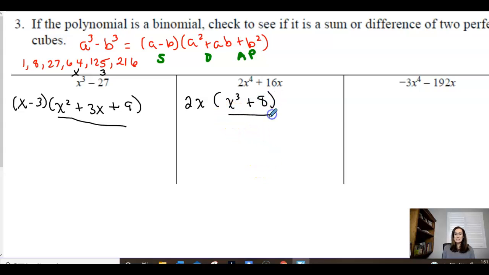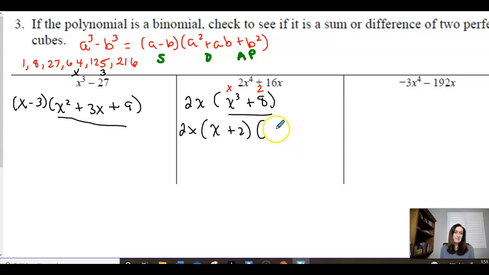And this is a sum of 2 cubes. So the sum of 2 cubes is the same formula, except for we're going to have different signs here. So you still have the 2x, and then you're going to have x plus 2, because 2 times 2 times 2 is 8. So 2 is your b, and x times x times x is x cubed. So x is your a. So a plus b.